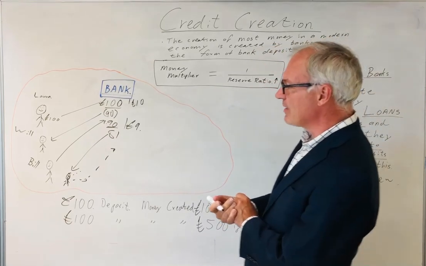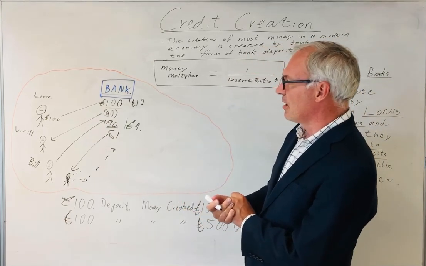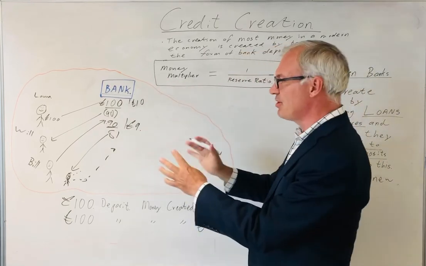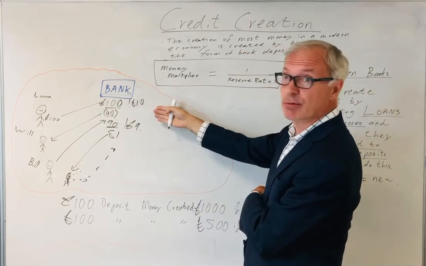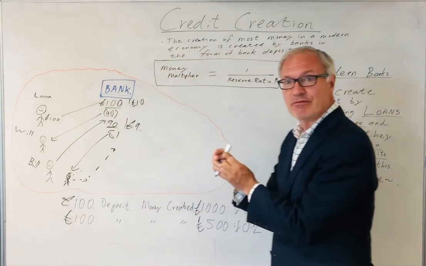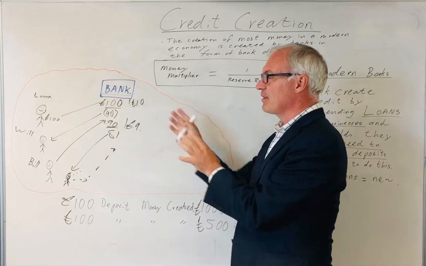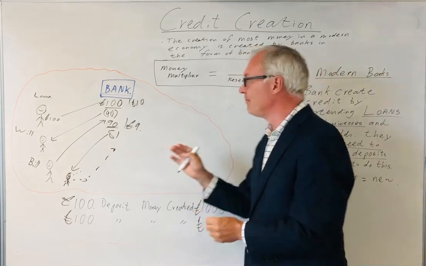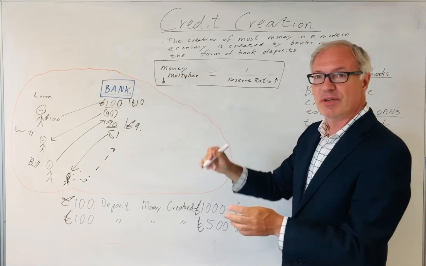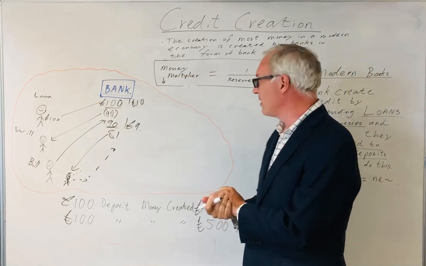And central banks often require banks to keep a percentage of their assets as a liquid reserve. Okay. And the bigger that liquid reserve means that banks are likely to be more stable, and it means that the money multiplier will be less. There'll be a lower money multiplier.